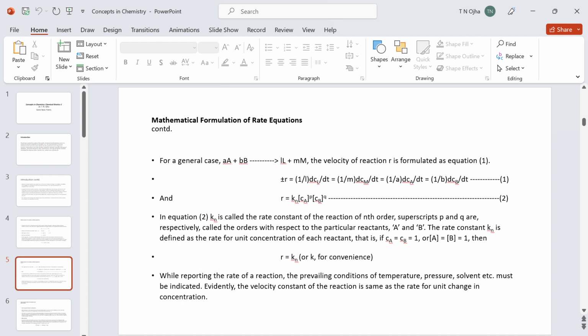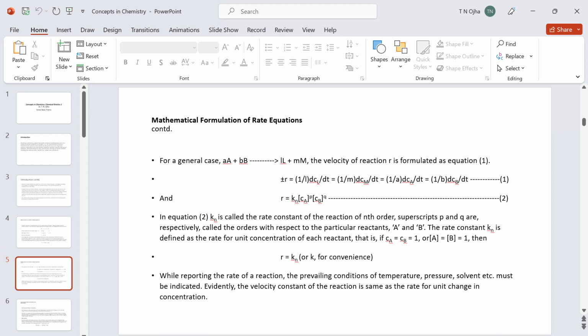For a general case, aA plus bB giving lL plus mM, velocity plus or minus r can be written as 1 over l dCL over dt equal to 1 over m dCM over dt equal to minus 1 over a dCA over dt equal to minus 1 over b dCB over dt.